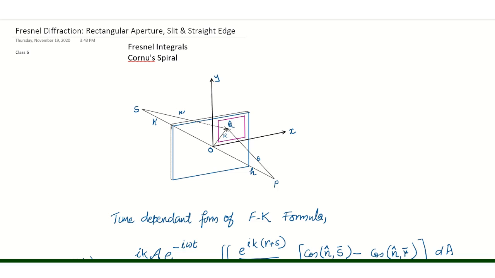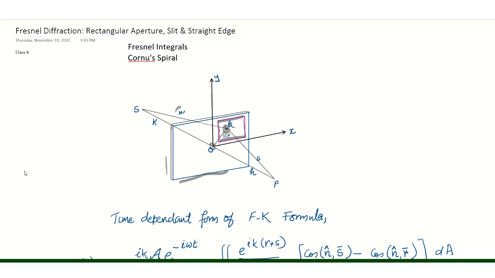Here we have the figure. It is a screen, and you have an aperture which has certain dimensions. And you have a point Q. You take point Q in the aperture, which is at a distance of R from the origin.